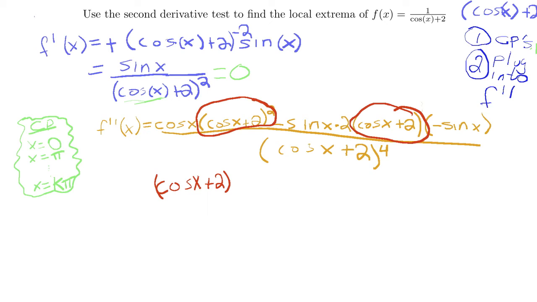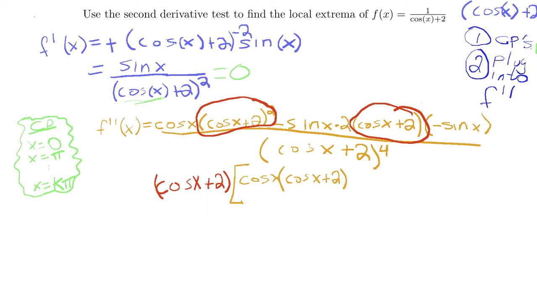Okay. So I've got that guy. So I factored out that guy. So then inside what I have is cosine of x. And then here, oh wait, cosine x times cosine x plus 2, right? Because I have 2 here, so sorry, my red went over the 2.